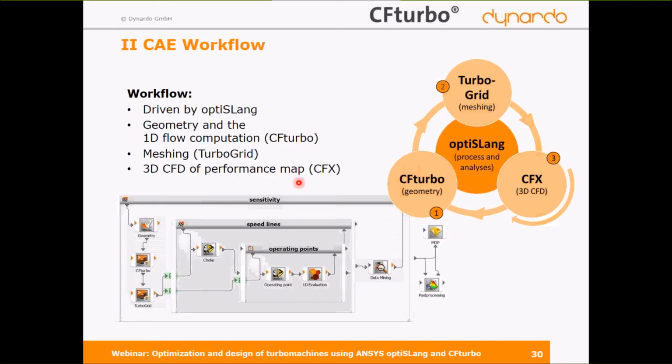And here you can see a screenshot from the optiSLang summary where this workflow has been implemented, and we'd like to go through these different nodes within optiSLang explaining this process chain.